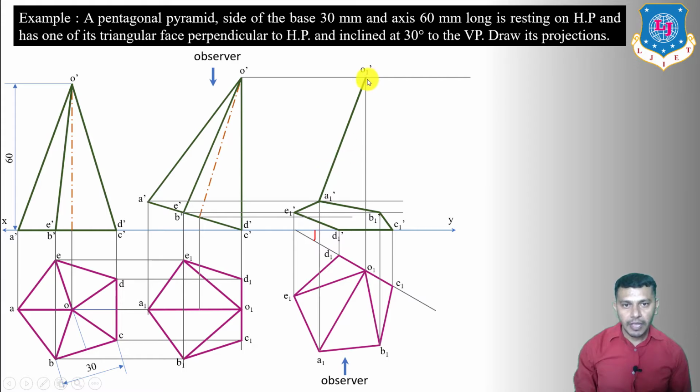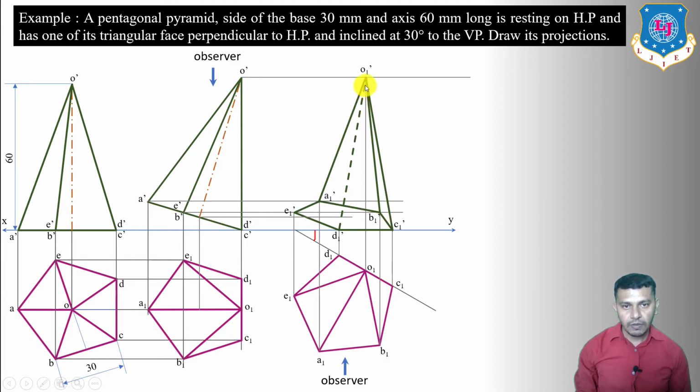Likewise, O1 B1 is also going to be visible, and O1 C1 is also going to be visible because we don't have any visible outline in between O1 and C1. O1 dash D1 dash is going to be hidden because now you can see that this slant edge is intersecting A1 dash B1 dash.